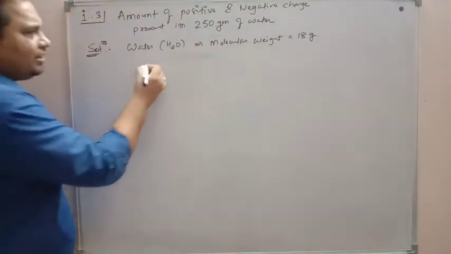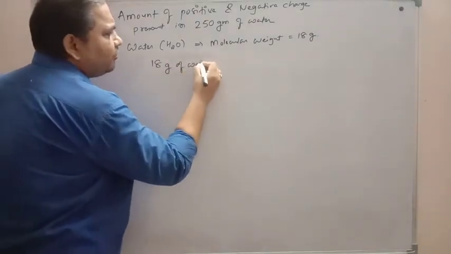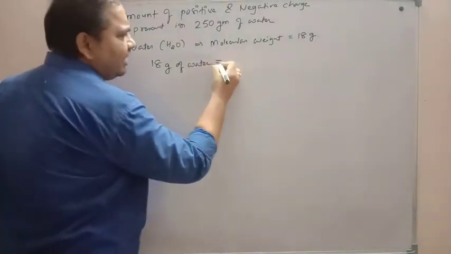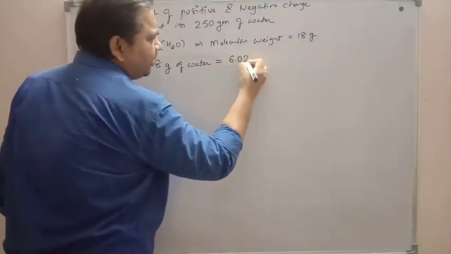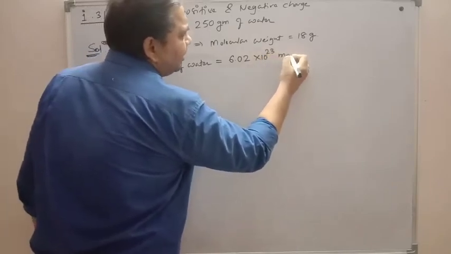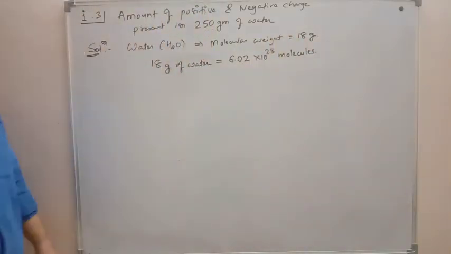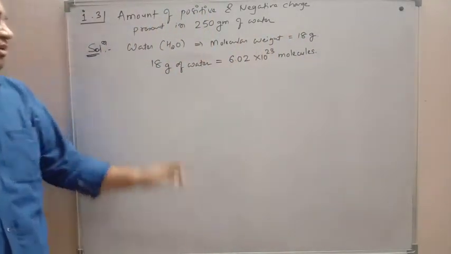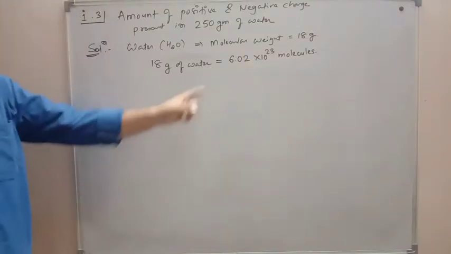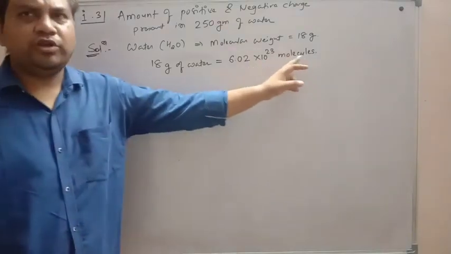So if I take 18 gram of water, we all know it will have 6.02 into 10 power 23 molecules present within it. If you are having 18 gram of water, it will have in total 6.02 into 10 power 23 molecules.